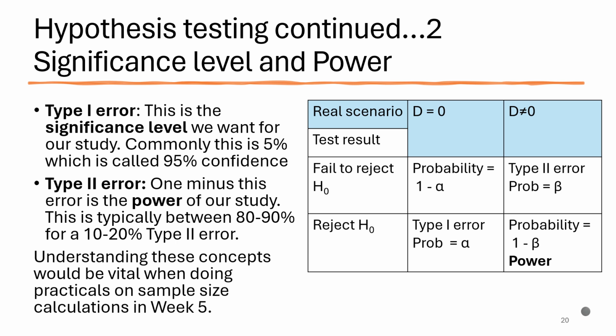Type 2 error is the other error. 1 minus this error, type 2 error, is the statistical power of your study. So typically, you have errors of 10 to 20%.